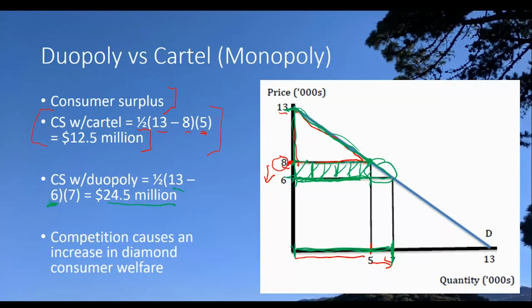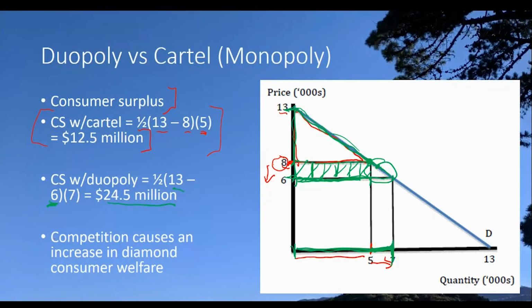But then there's this little triangle over here that's being created. And it's worth pointing out that here we've got individuals who would not have been willing to pay $8,000 for the diamond before, but they're willing to pay $7,500 or $7,000 or $6,800 or whatever, somewhere in here. Those individuals actually enter the market and buy up the extra 2,000 diamonds that are being supplied because the price has dropped far enough for them to now gain some surplus by virtue of entering the market and purchasing the product.